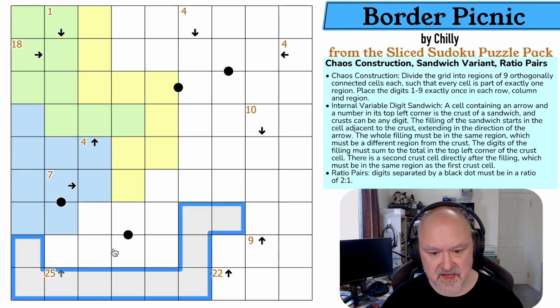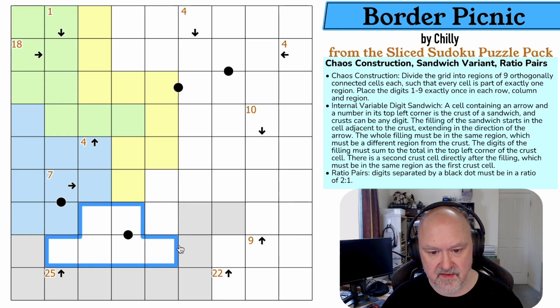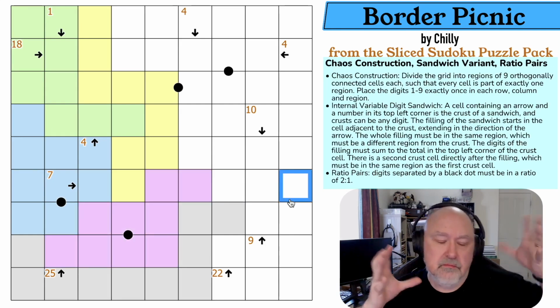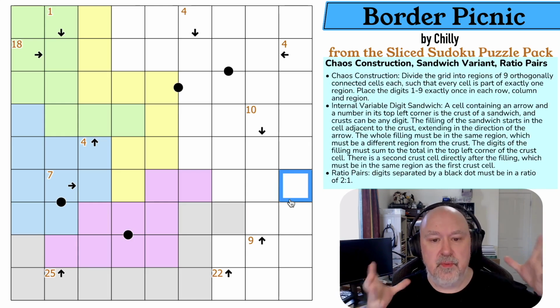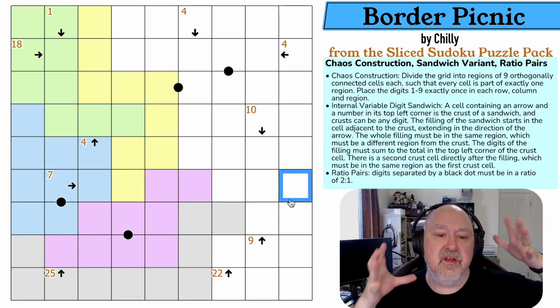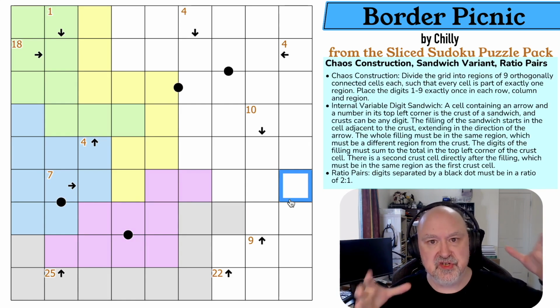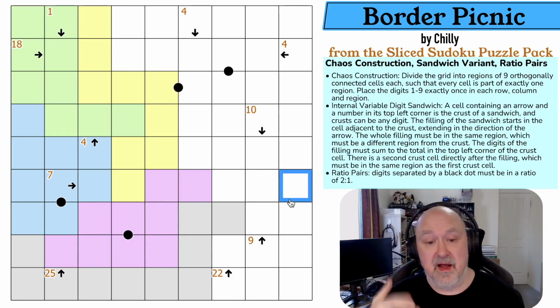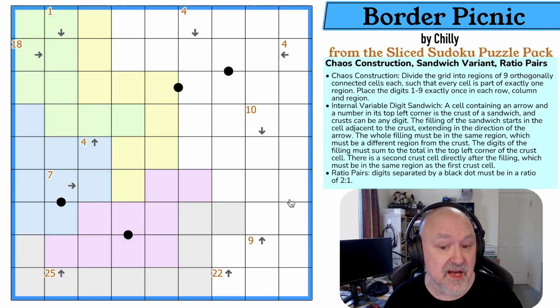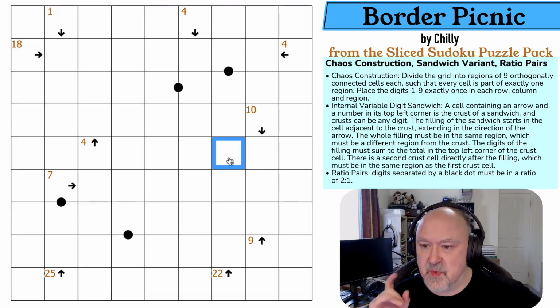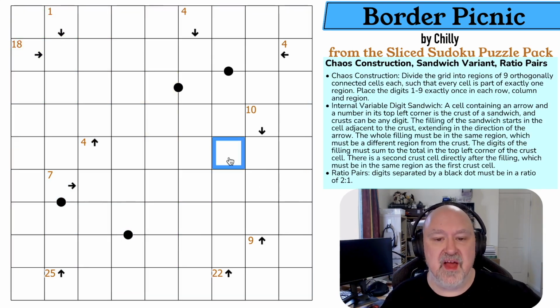That might be a different one too. All of these may be valid. I don't know. But you're having to figure out what the regions of the grid are. Now, how do you determine what the regions are? You can't just make them up. So this is where the next thing comes in, and all of the other rules are going to lead into how you make them.